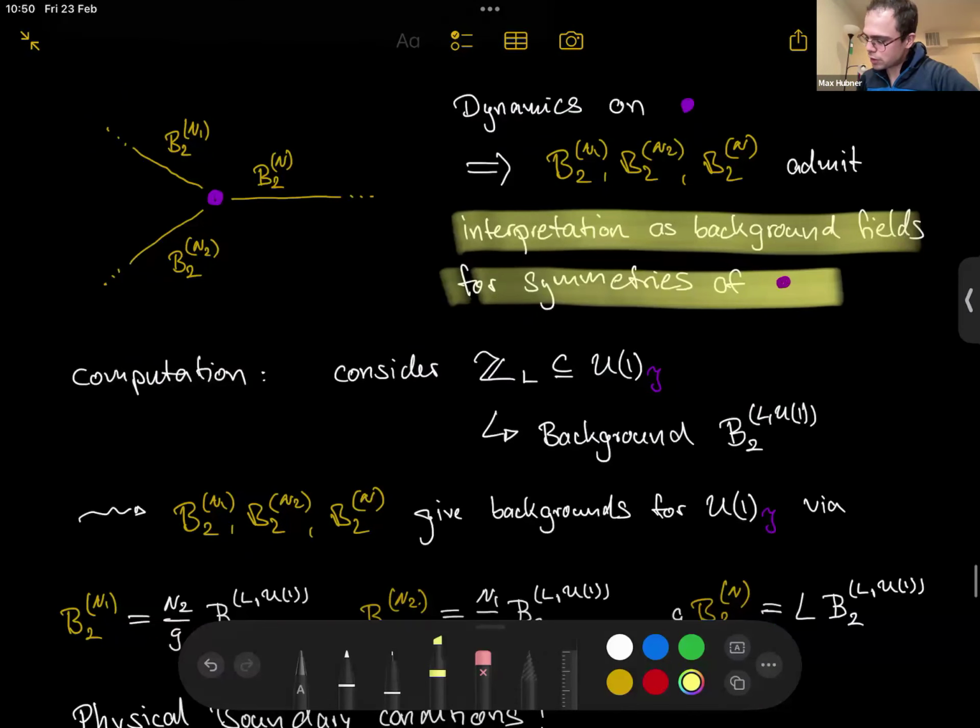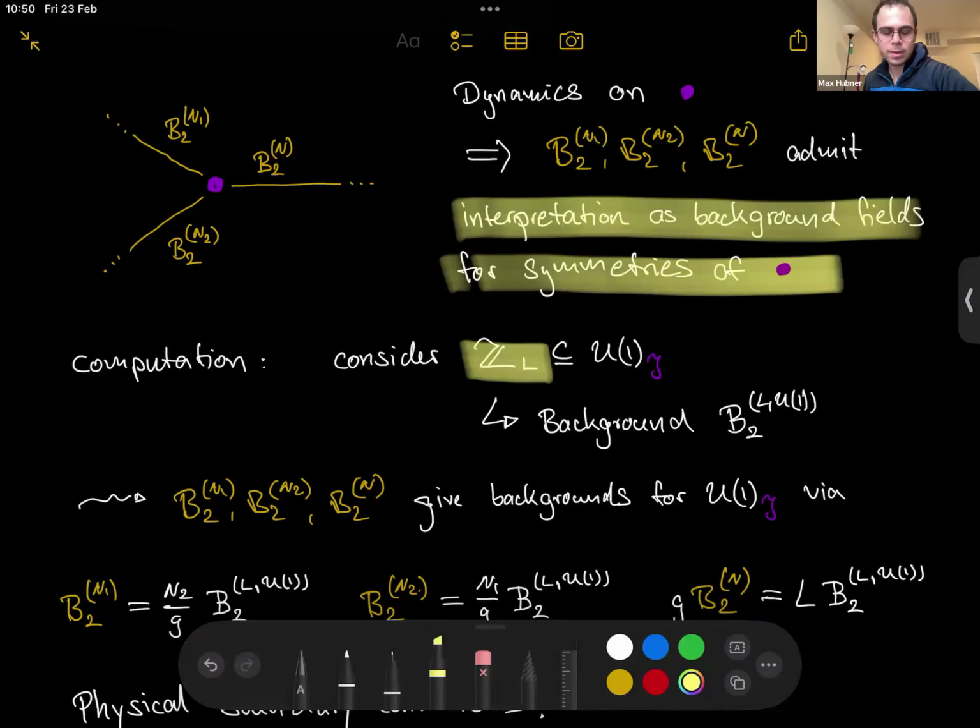To make this a bit more precise, I'm going to restrict to a ZL. It turns out that you can restrict to a ZL subgroup inside of the U1G. Let me denote the background with respect to the one-form symmetry of the center ZL as B2L, superscript U1.